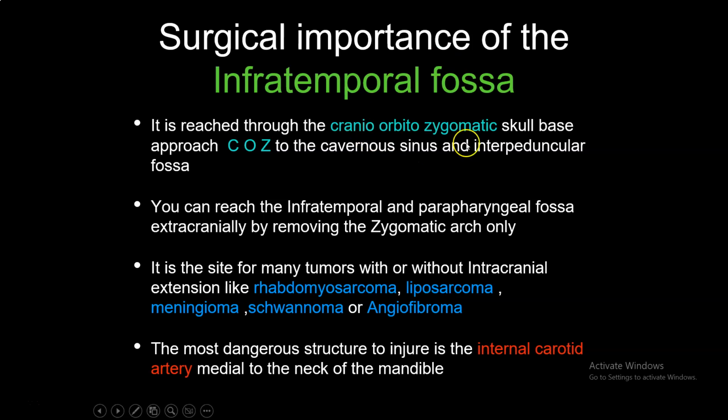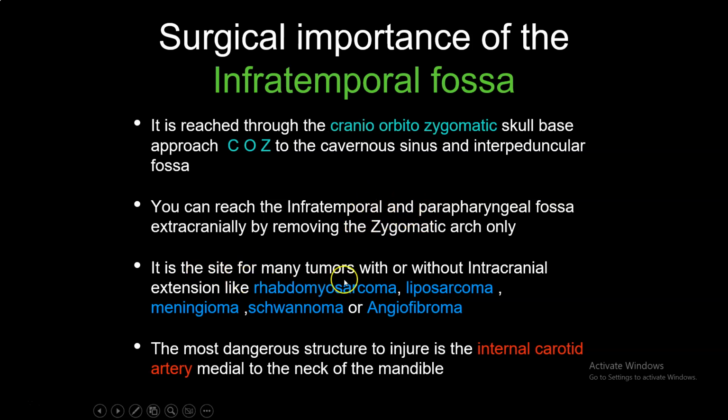So it is a corridor used during the COZ approach, and you can reach the infratemporal fossa and parapharyngeal fossa extracranially. If you want to reach them without reaching intracranial cavity, you can reach them by removing the zygomatic arch alone. You don't have to take all the zygoma with it.